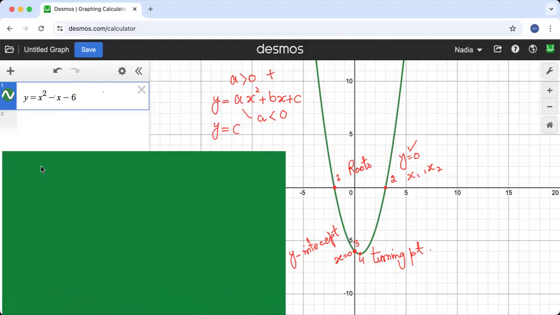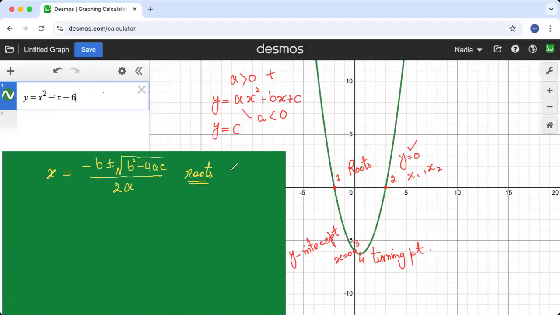The quadratic formula is the following: the value of x is equal to -b plus minus square root of b square minus 4ac, divided by 2a. Here you see that we use this formula to find the values of roots.